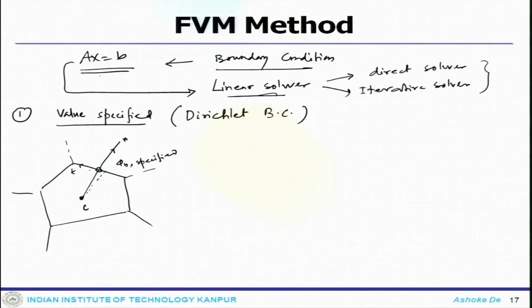This is the point B, and this is E b. So, if phi b is specified, then I should have phi b equals phi b specified.